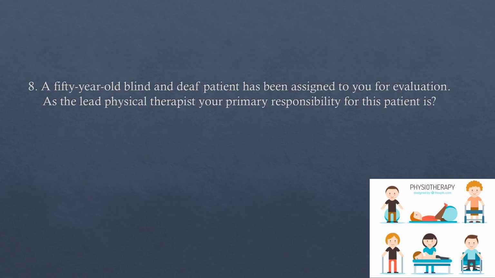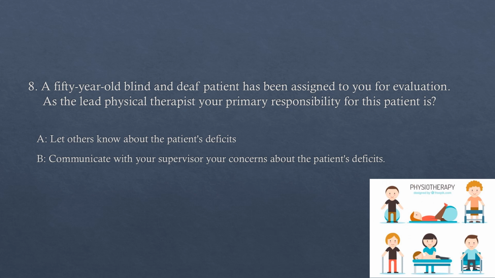Question number 8. A 50-year-old blind and deaf patient has been assigned to you for evaluation. As the lead physical therapist, your primary responsibility for this patient is A. Let others know about the patient's deficits. B. Communicate with your supervisor your concerns about the patient's deficits.